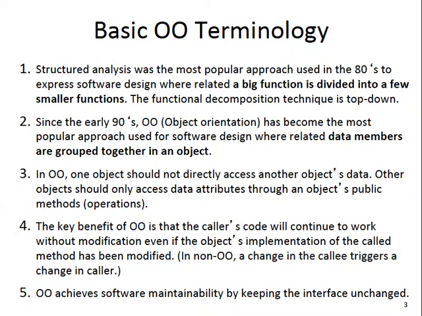Last week we talked about structured analysis, which people use before we have OO. So what do people do in structured analysis? One of the things they do is called functional decomposition. And it means at the beginning, they decide they need to have several big functions.